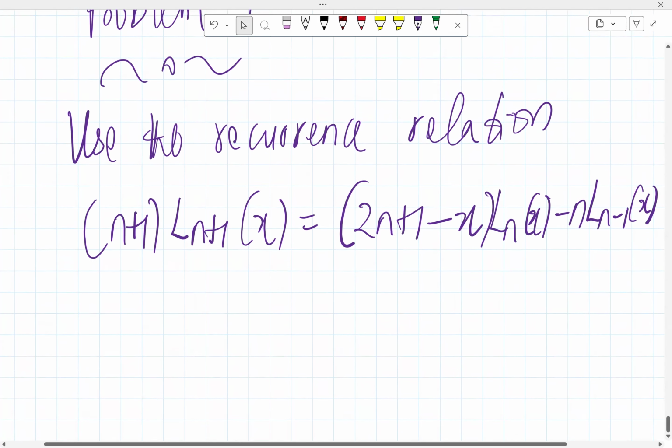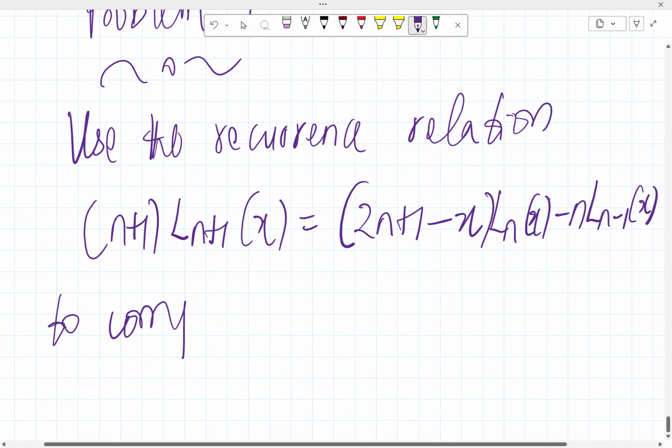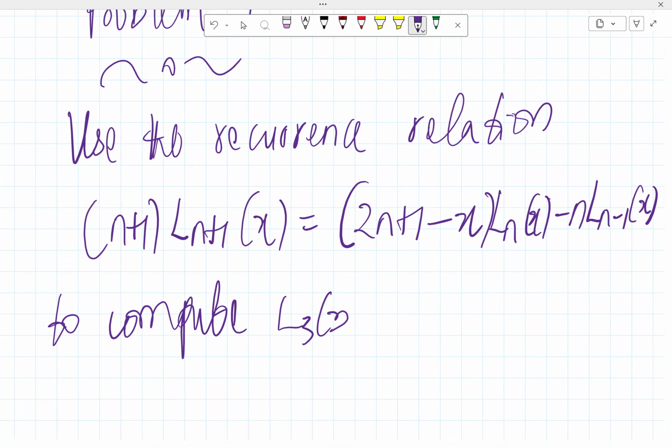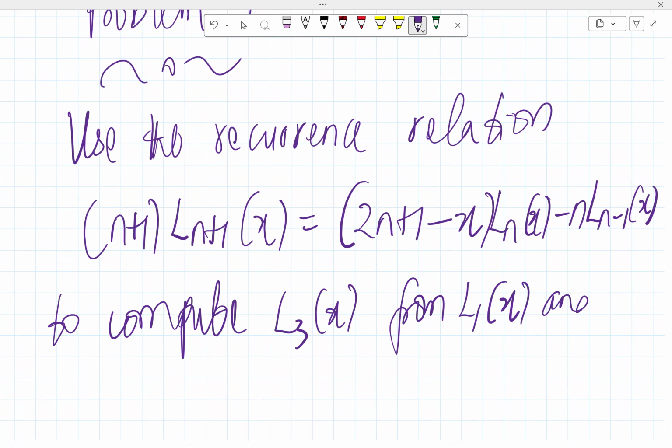We want to use that to compute L3 of x from L1 of x and L2 of x.